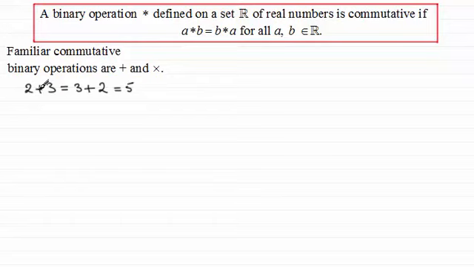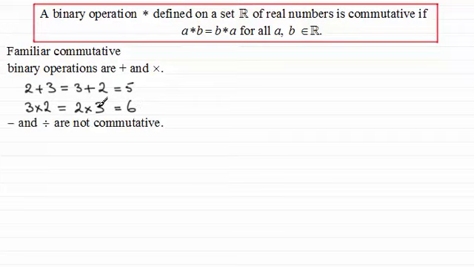So we say that addition is commutative. Similarly, if you did say 3 times 2, then it's going to be exactly the same as 2 times 3. Both of those give 6. So multiplication is commutative.